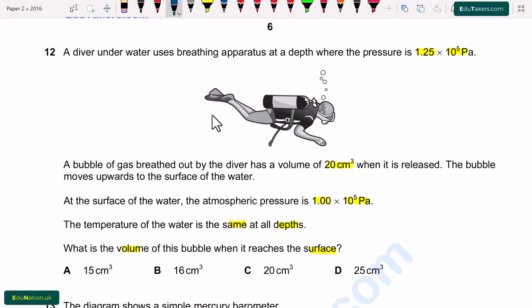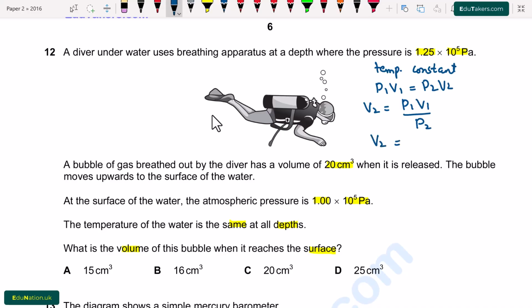Here I use Boyle's law. In Boyle's law, temperature is constant and the expression is P1V1 is equal to P2V2. Here we have to find out the value of V2. This will be equal to P1V1 over P2. Now I am going to put values here.